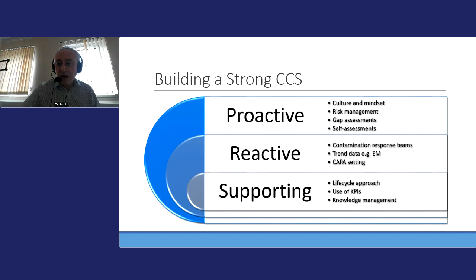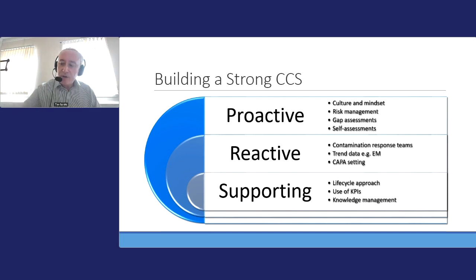And then we also want to have some key performance indicators, which help to signal how well our contamination control strategy is working. So it might be percentages above an action level, or it might be number of missed cleaning slots, or whatever's appropriate to the particular facility, and that will help to feed up into the governance structure that we mentioned earlier.